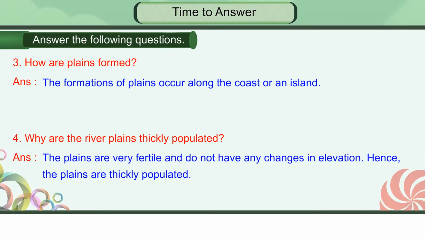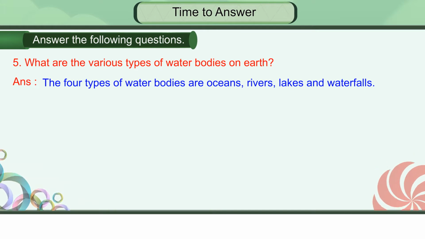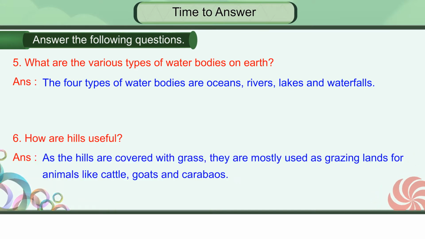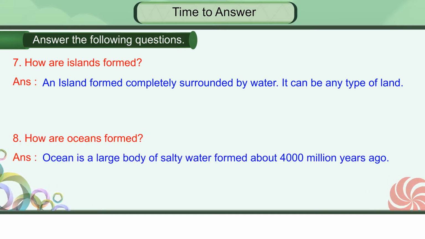Why are the river plains thickly populated? What are the various types of water bodies on Earth? How are hills useful? How are islands formed? How are oceans formed?